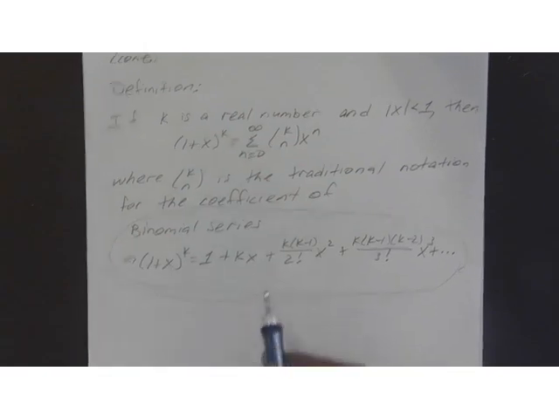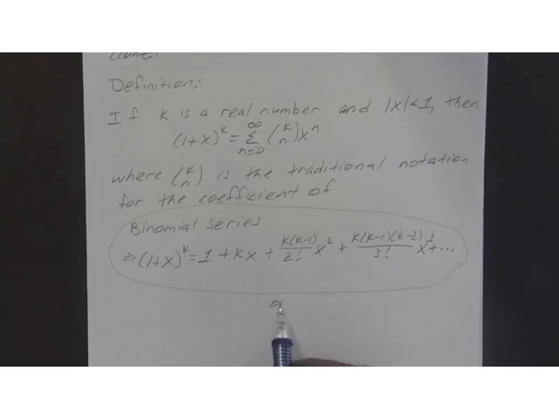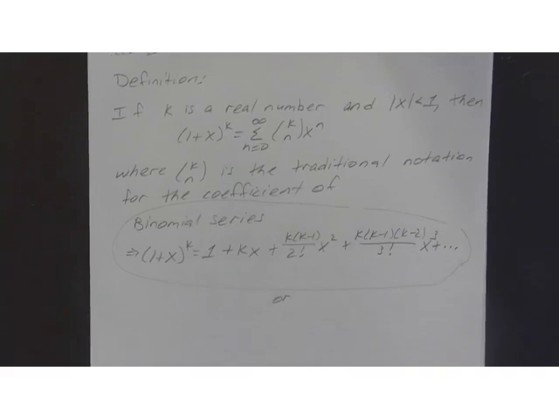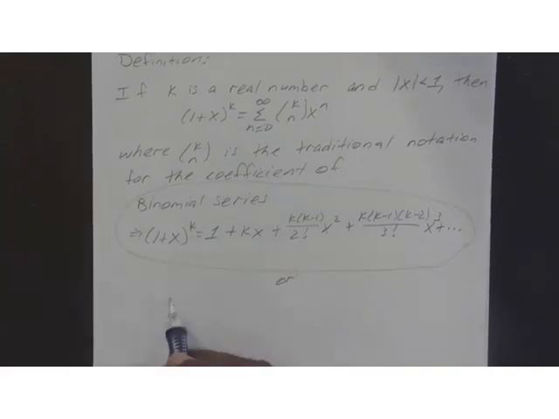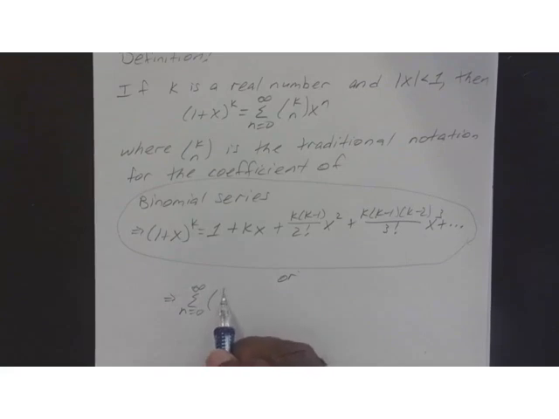Okay. And we can write this in its series version, the non-expanded version of it. You can rewrite it as the sum from n equals 0 to infinity of your coefficient notation times x to the power of n.